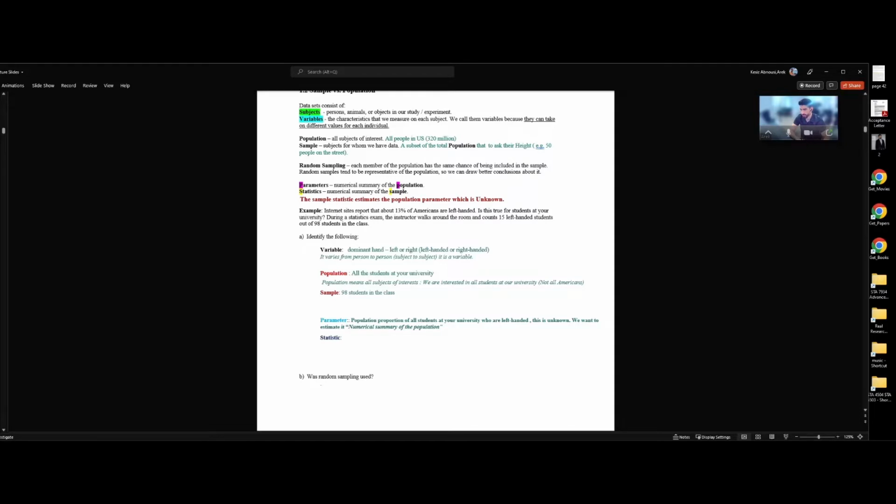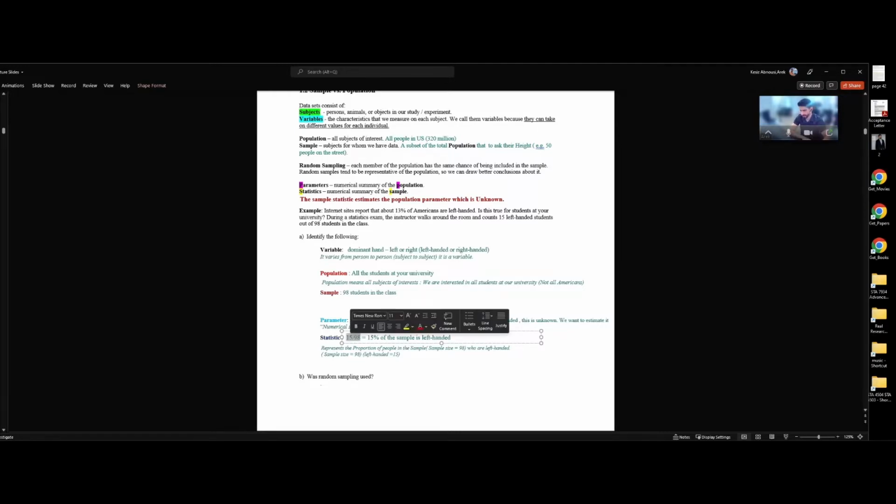So to calculate the statistic, we use the sample, right? The proportion is given by the number of left-handed students divided by the total number of students in the denominator.